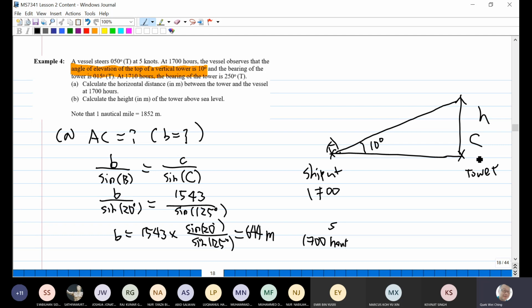C in this case is the tower. So AC we found out is 644. Okay, 644 meters is the distance for AC. This is a different triangle, not a bearing triangle. So now I know this 644 now. So let me erase this now.